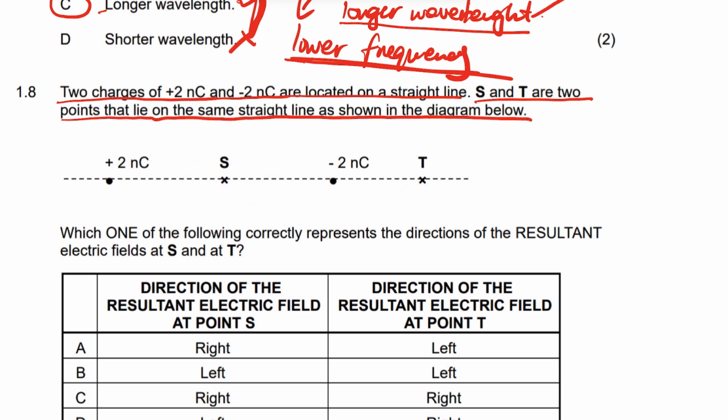It asks which one of the following correctly represents the direction of the resultant electric field at S and T. These two points, T and S, experience the electric field from these two charges, and their directions and magnitudes are different, right?